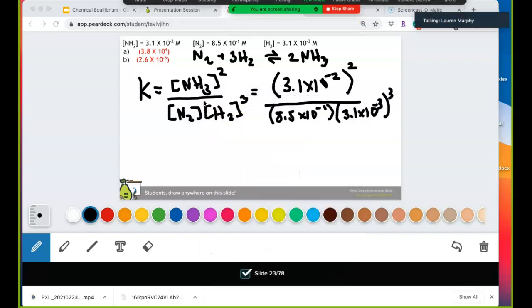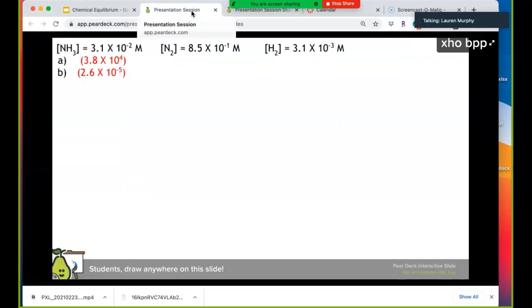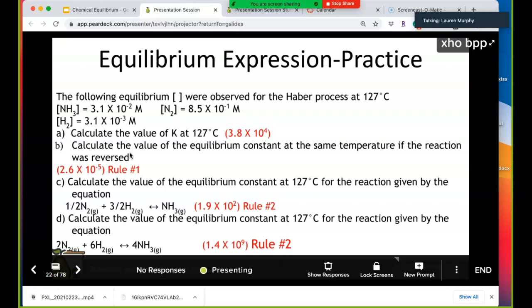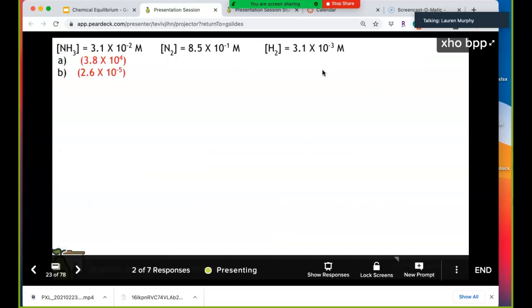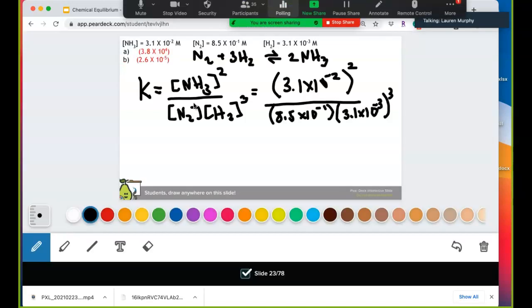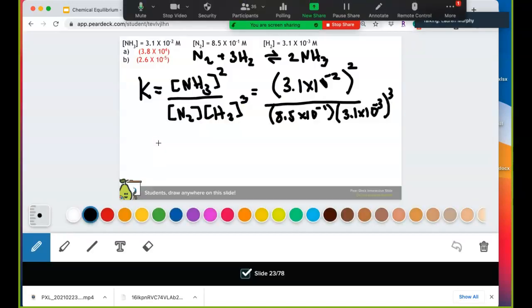So we're going to come upon rule number 1 next. So let's go look at what part B asks you. Part B says calculate the value of the equilibrium constant, so that's K, at the same temperature if the reaction is backwards. Okay, well, let's write the reaction backwards. So that means reactants are products and products are reactants.